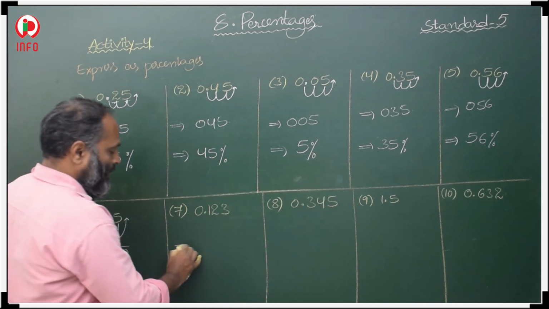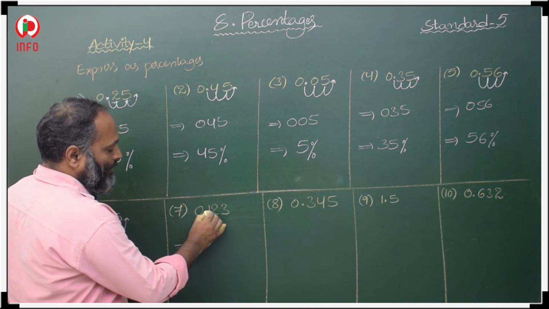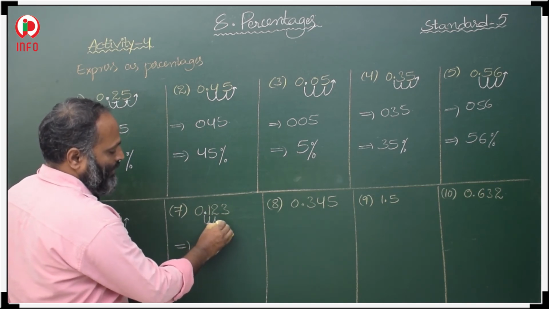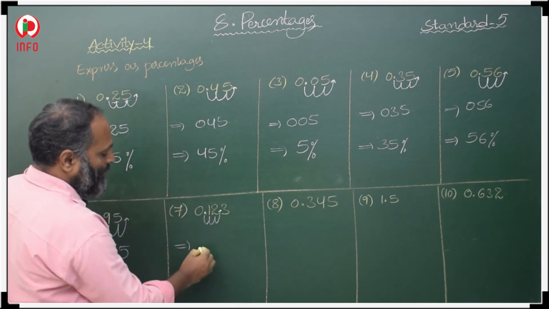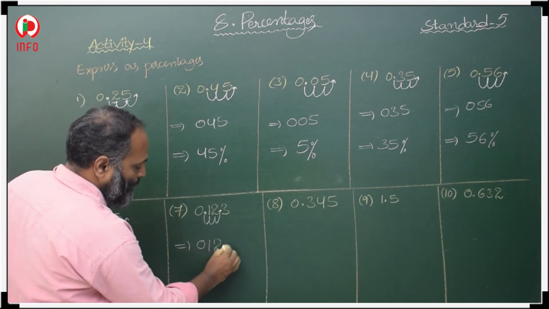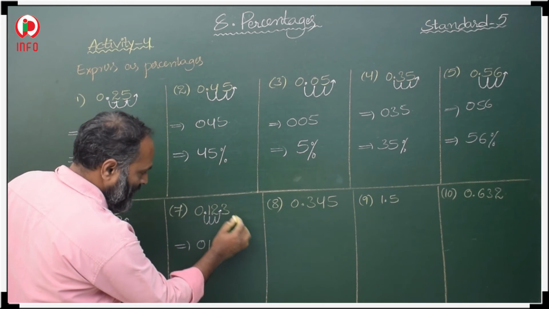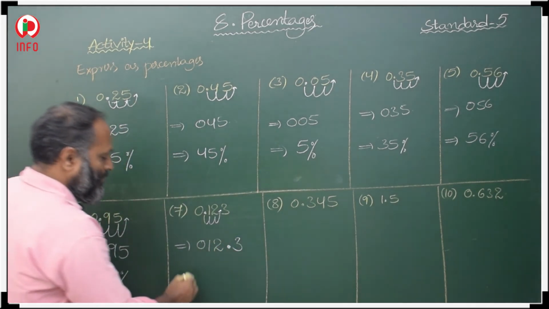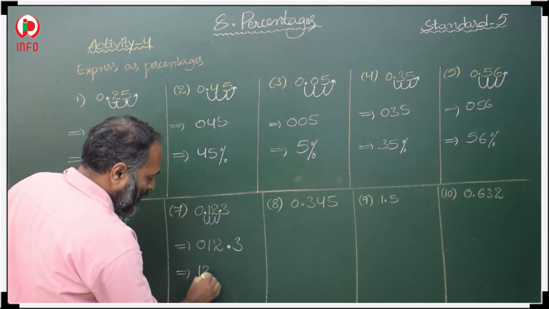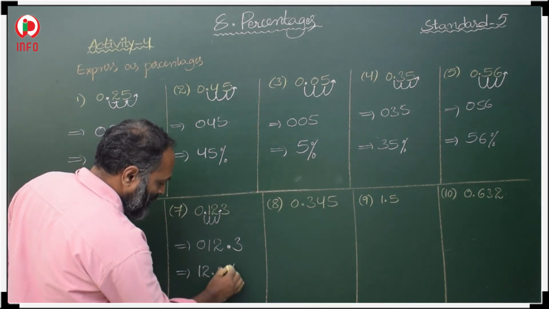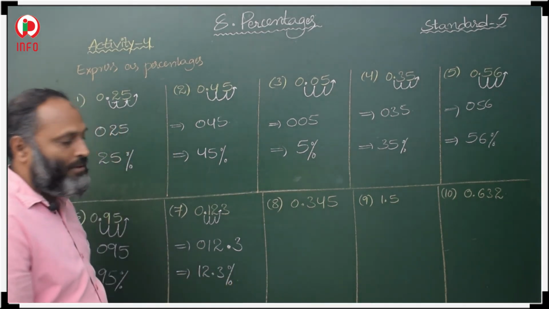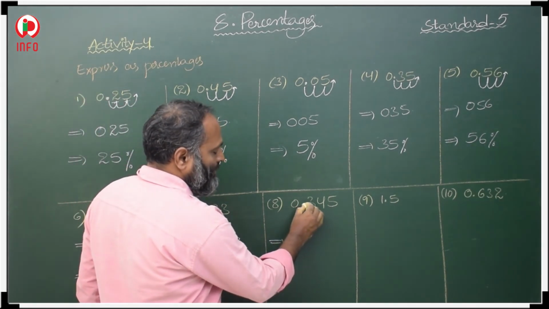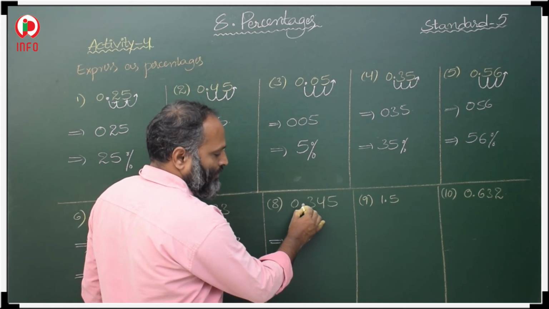And here the decimal will move after 2 digits from left to right. This is first, this is second, after the second place it will come 012. Now you take the point here. Why? Because after that a 3 is there. So that is why we have to take the point here. Then 12.3%. Now here also we move our decimal point after 2 digits from left to right.